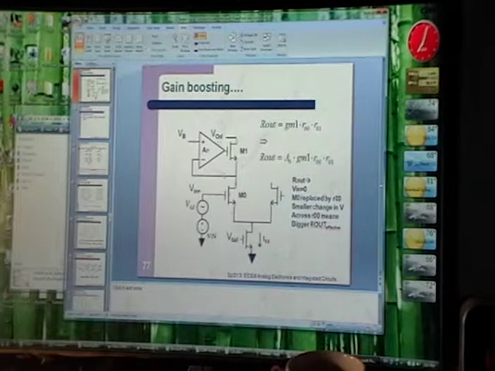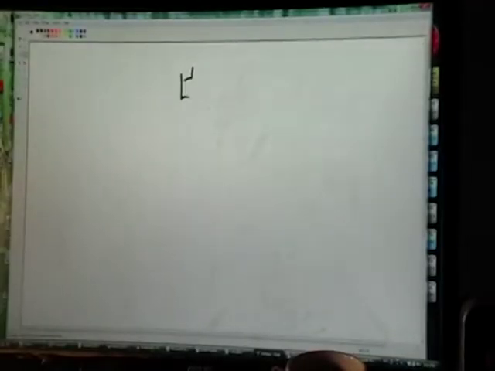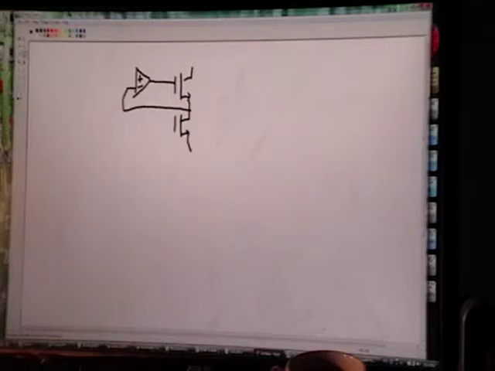Let's go see where this comes from. Since those are MOSFETs, we'll just stay with MOSFETs. This is where we're going.